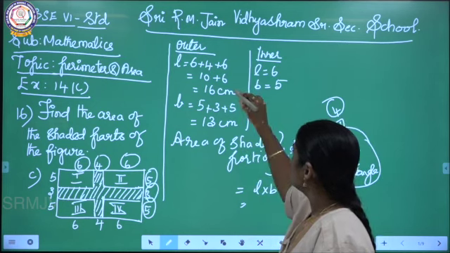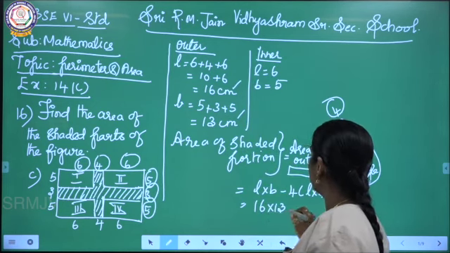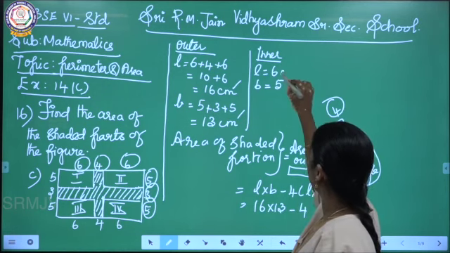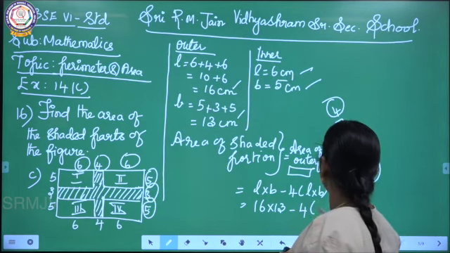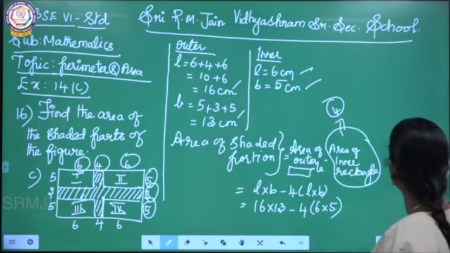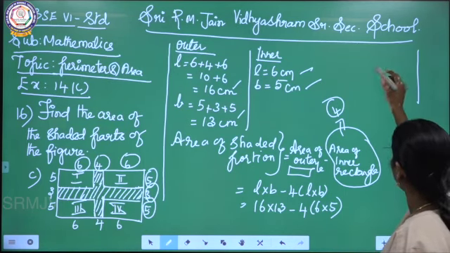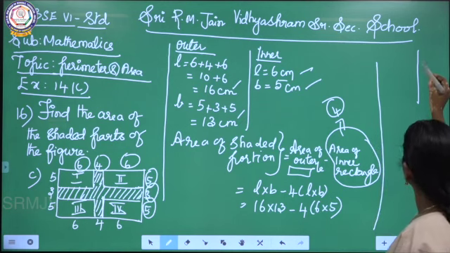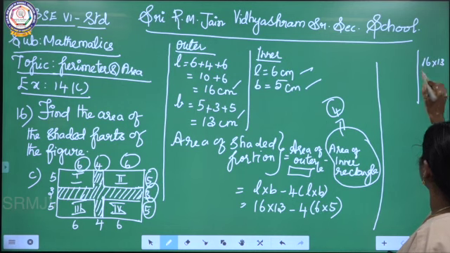See, what is that? 16 into 13. Minus 4 into, what is the length and breadth here? 4 into 6 into 5. Just to do it in the rough column, listen. See the rough column. 16 into 13. 3 6s are 18, balance 1, 3 1s are 3, 4.